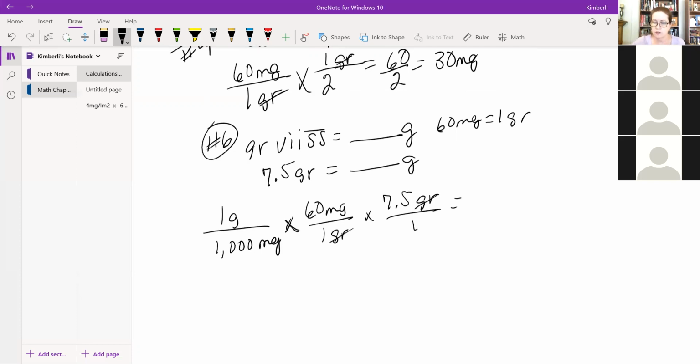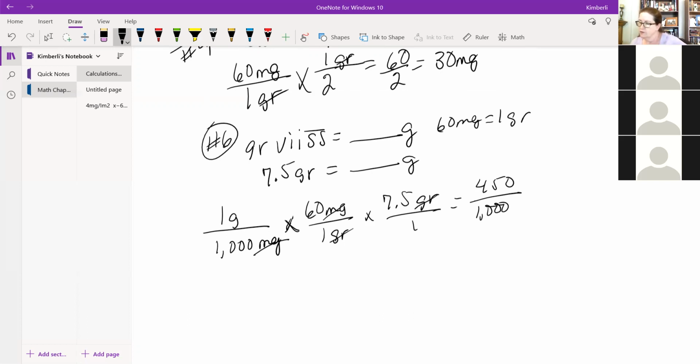Okay, so let's see what we get on the top. 60 times 7.5, and we get 450, and 450 over 1,000. So if we were converting to milligrams, we'd have 450 milligrams, right? Yes, exactly.